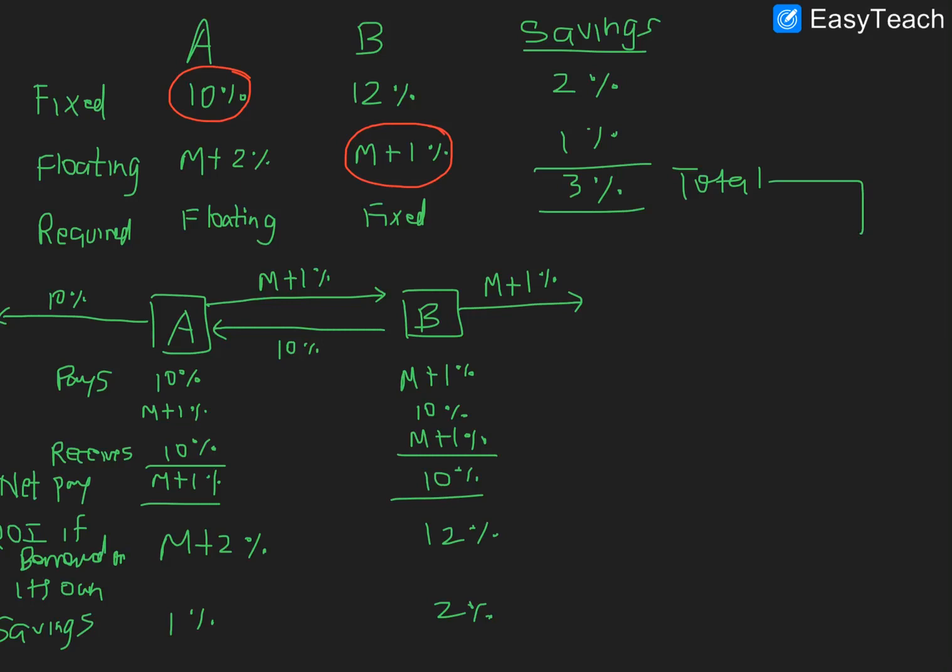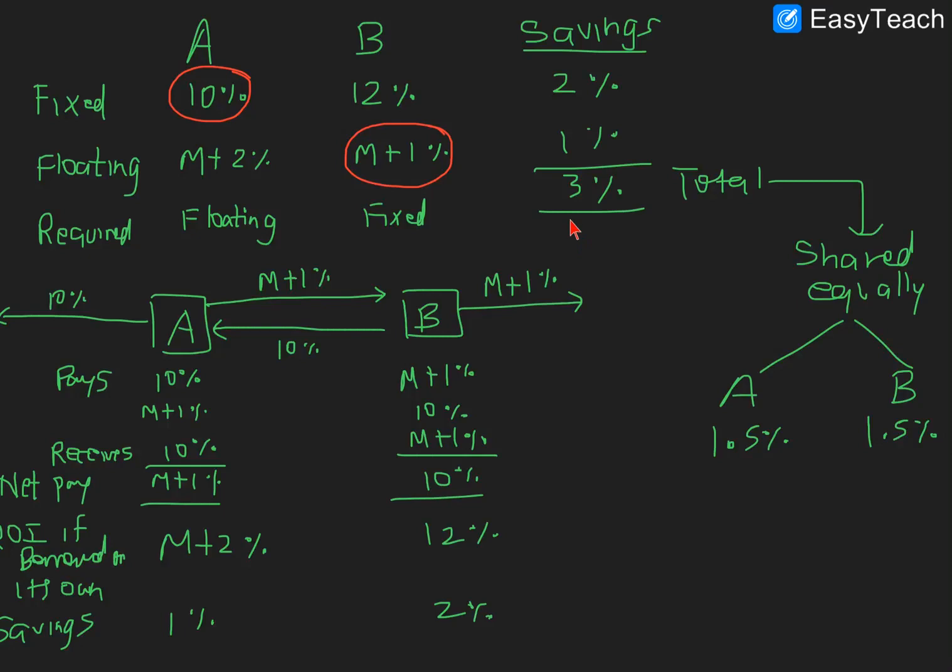And now if this total savings is to be shared equally, A should be getting 1.5% as saved, and B should be getting 1.5% as saved. Okay, so let's consider what could be the rate of interest applicable to them.